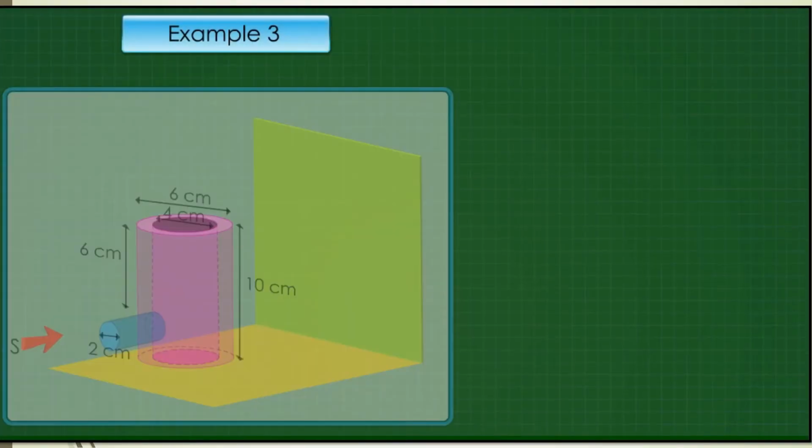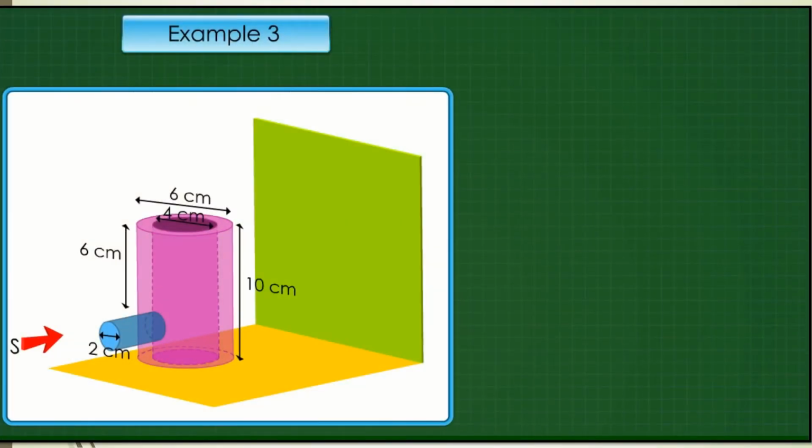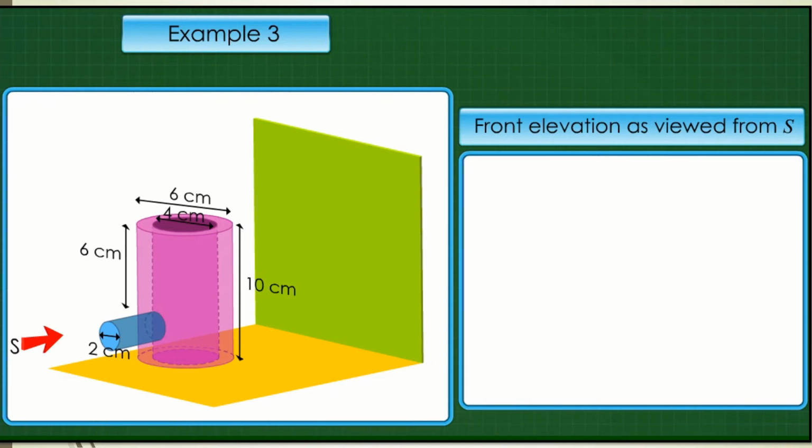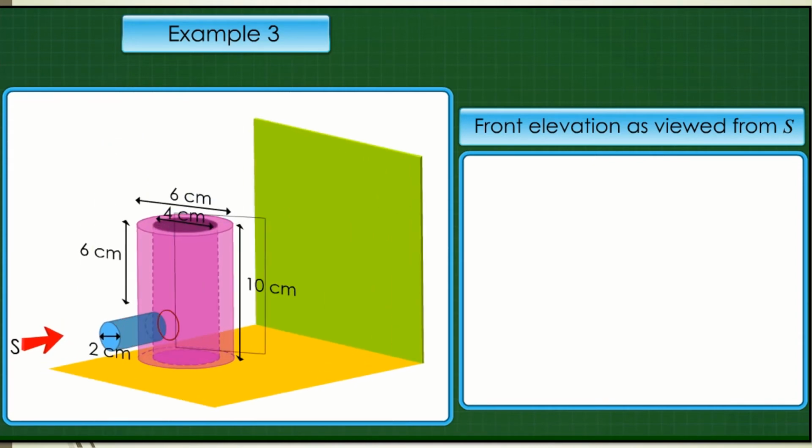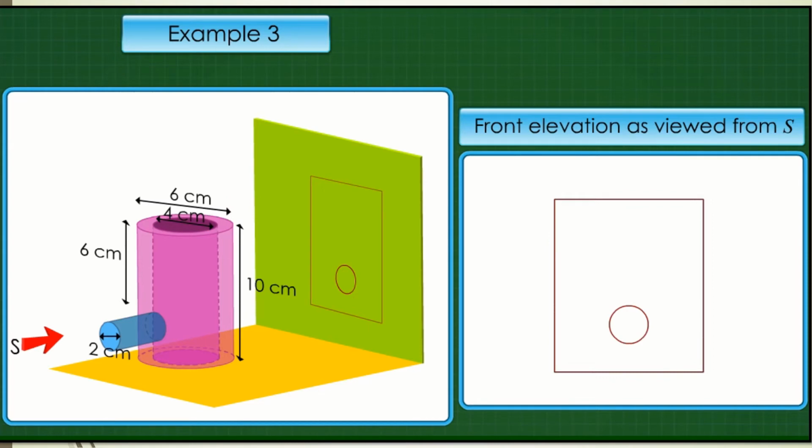We continue with example 3. Draw the front elevation of this object as viewed from S. By drawing the orthogonal projection from S, we got the image, which is a rectangle with a circle in it.